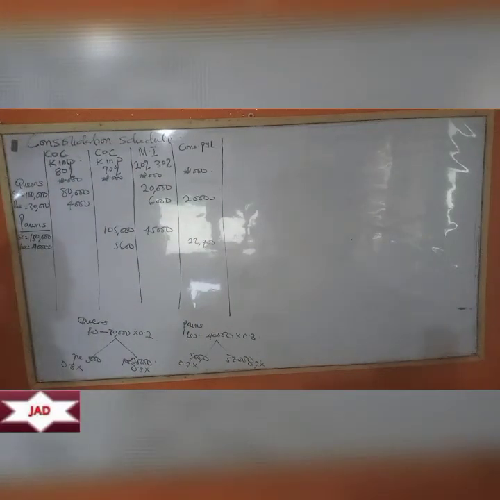So what do we have now for minority interest? That will be 0.3 times 40,000.